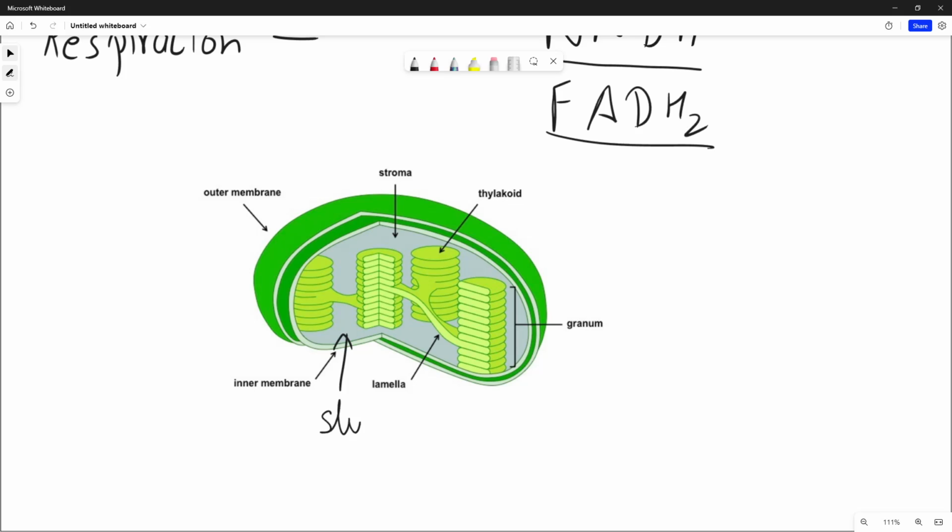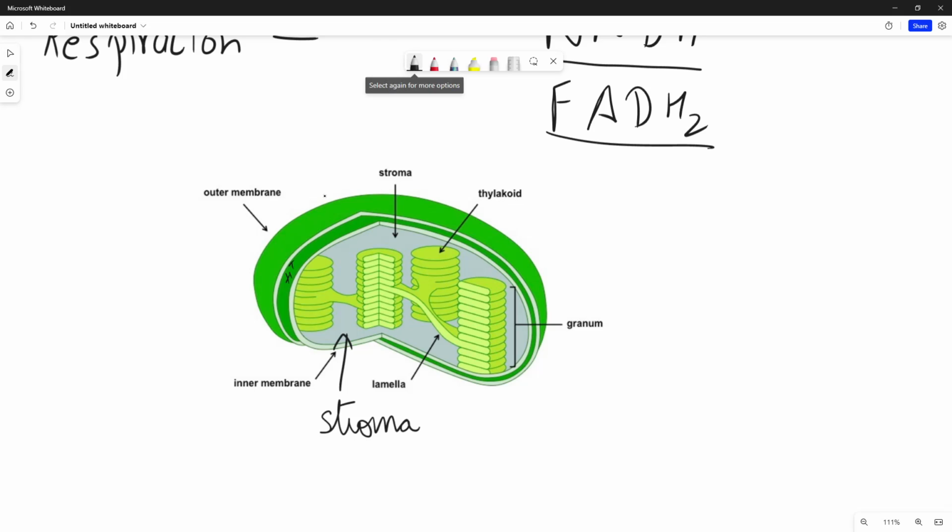So this is the stroma, the empty space, and then we have the inner membrane, which is like a separation. This inner membrane comes in handy when we're talking about the proton gradient later on in the light dependent reactions part. I think we've covered all we need to for this bio.